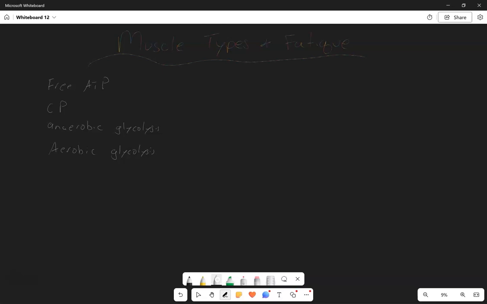These all lead to different amounts of overall ATP production and usage, and they generate respectively about 10, about 70, about 670, and about 12,000 muscle twitches. So aerobic glycolysis is obviously going to generate the most twitches.